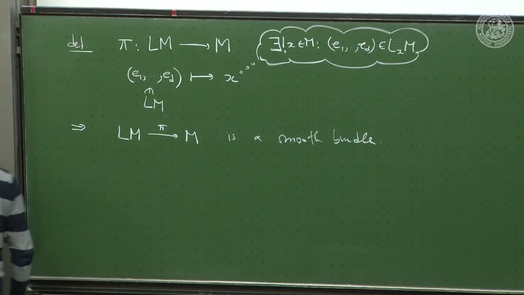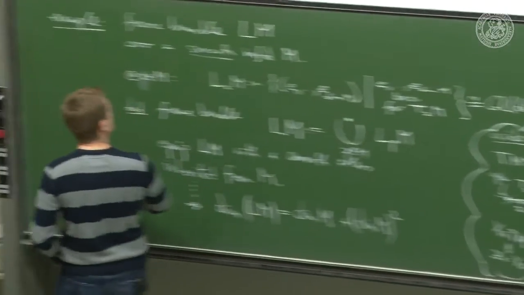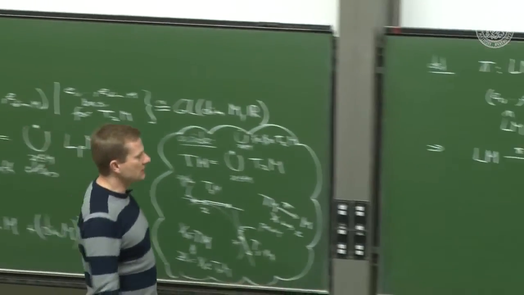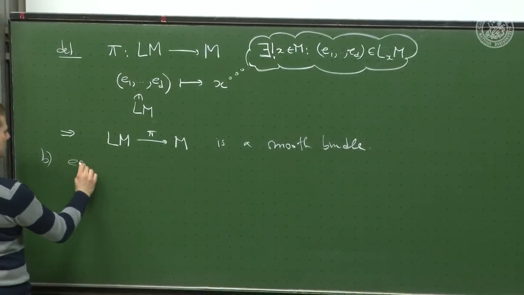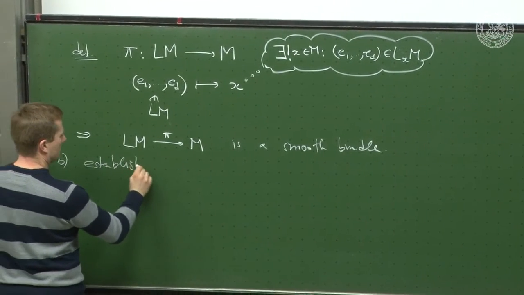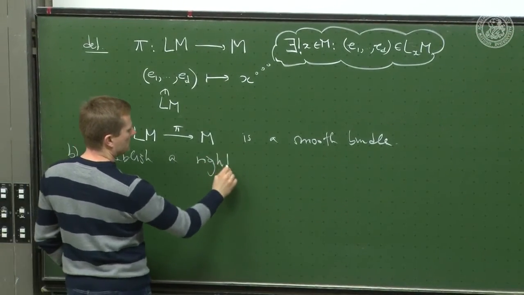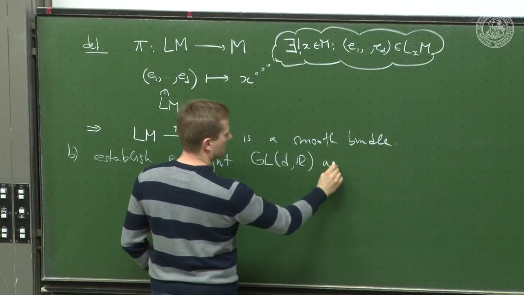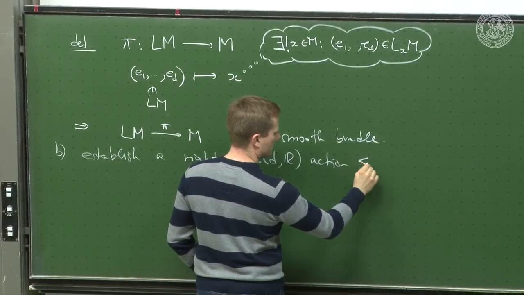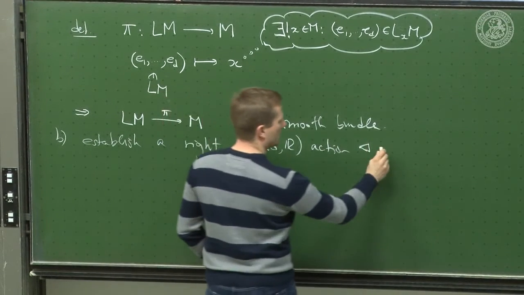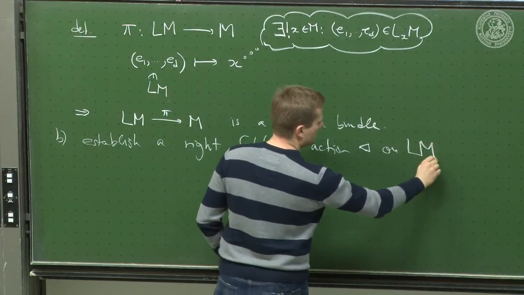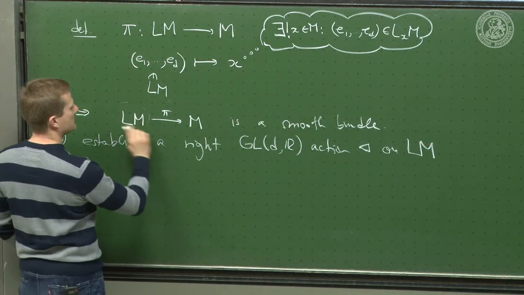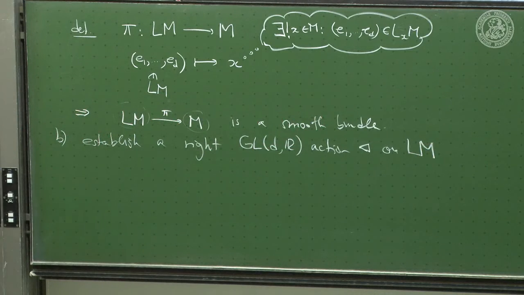So second, maybe we start out here making this a bundle, A. Then B, we establish a right GLD(R) action with this name on the total space Lm. Remember, this is the total space of the bundle, this is the base space, this is the projection map.